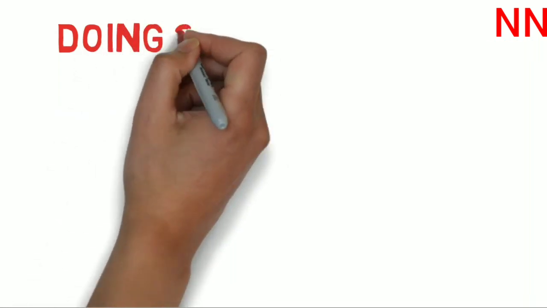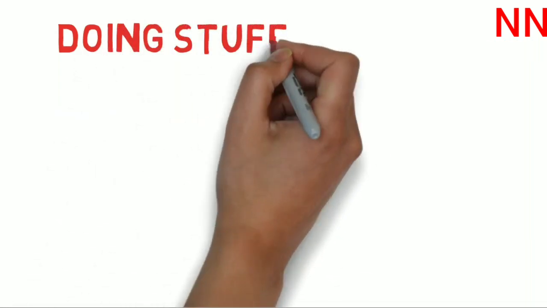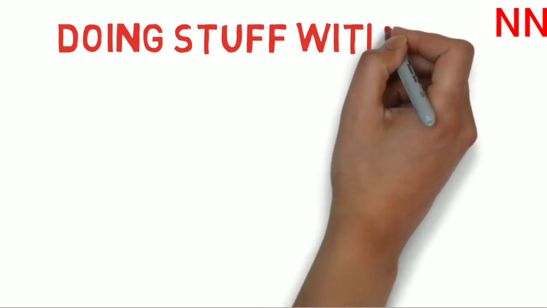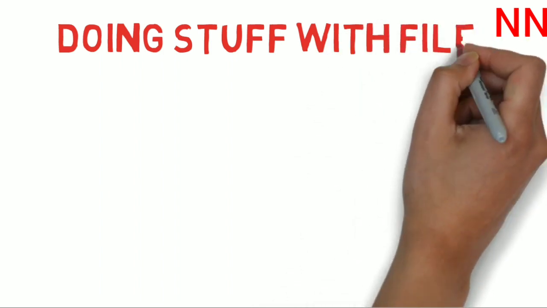Let's write a serious Python program now. We'll download a zip file from the internet, extract a CSV file from it, process the data, and generate an Excel sheet with the top moving stocks of a given day.